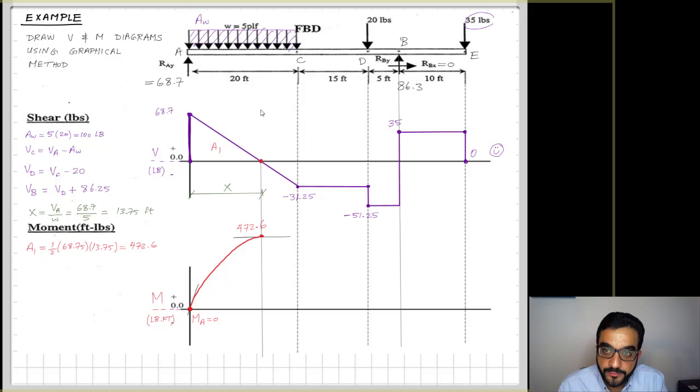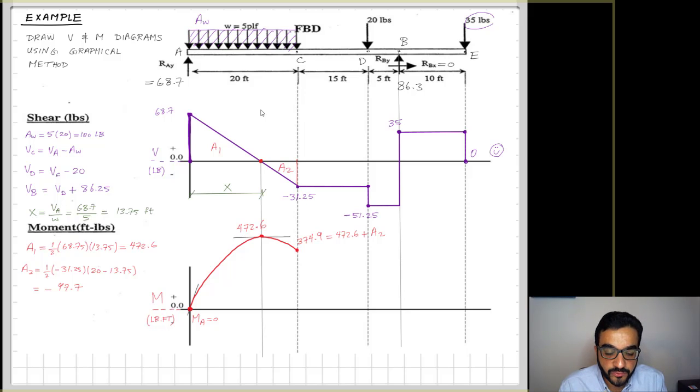What will be the next point of interest? It will be C, and I will calculate A2 to be the area under the curve between that x distance point and point C. A2 is a triangle, and you can see that I'm using that 13.75 distance deducted from 20.